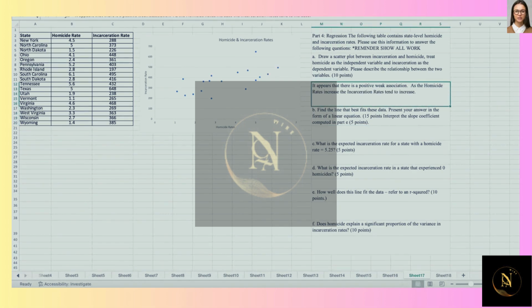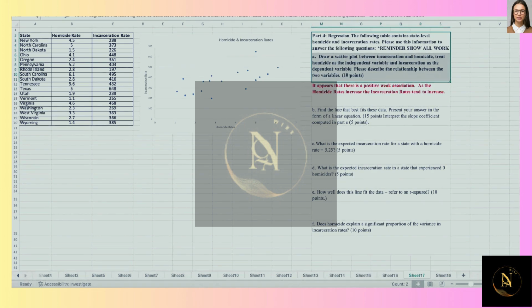Okay, and I'm going to bold this and make it in red so that you can see that that is the answer to A.